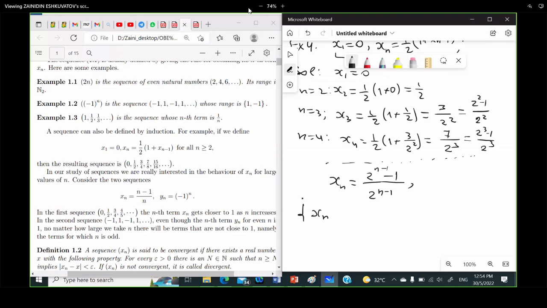So what is the range, with n starting from 2? The range is 0, 1 over 2, 3 over 4, 7 over 8, and so on. You see? So this is the range. The function values are 0, 1 over 2, 3 over 4, 7 over 8, and so on.